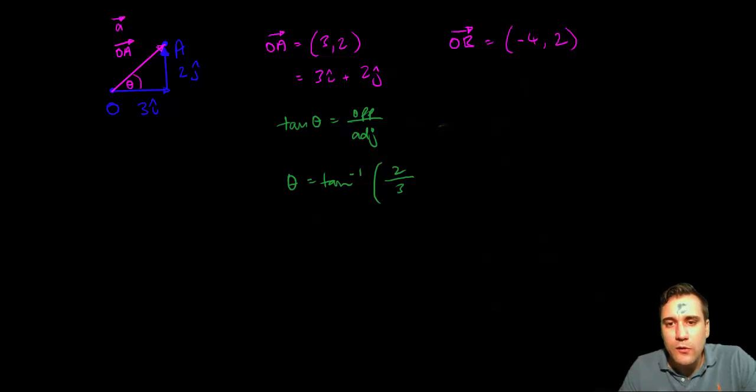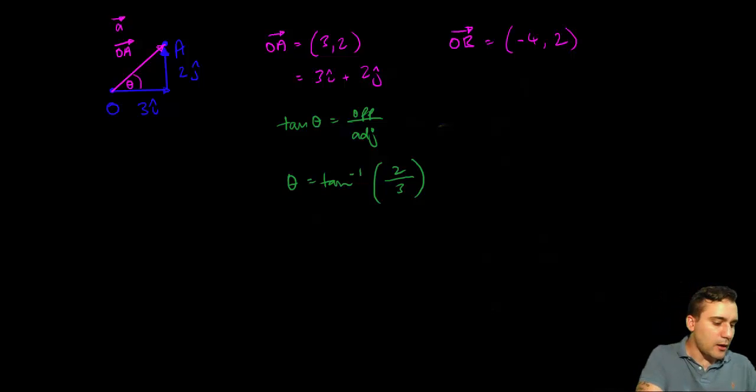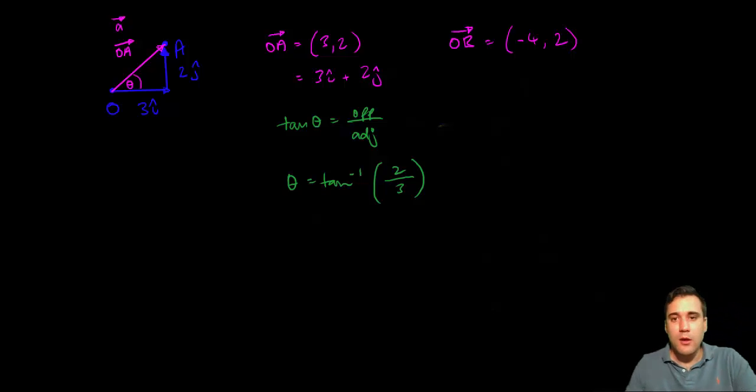Opposite over the adjacent, adjacent meaning beside. So 2 over 3, and we would get the angle. So I'll just punch that in on my calculator. Inverse tan of 2 over 3, and this is in degrees, by the way, so 33.69 degrees. You may like to express things in radians, up to you. So cool, that's all good. Here's an angle.